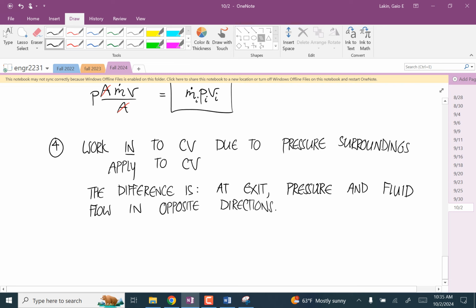So the rate of work in this time is equal to negative. That negative comes from the opposite directions thing. Force times speed.